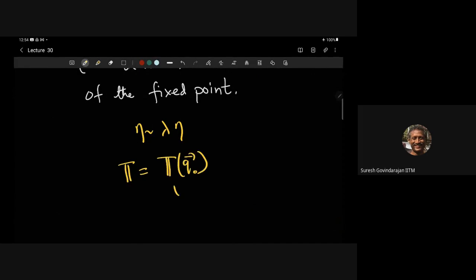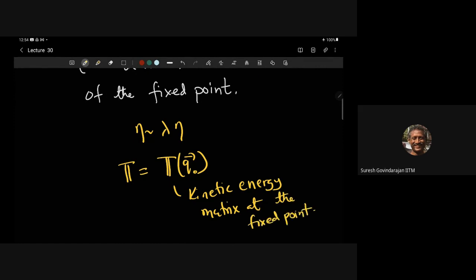This is the kinetic energy matrix at the fixed point. Any questions?